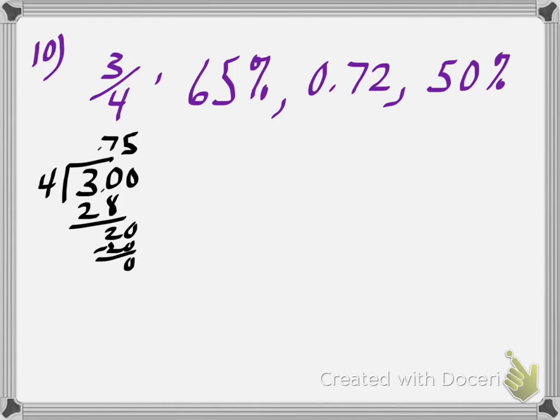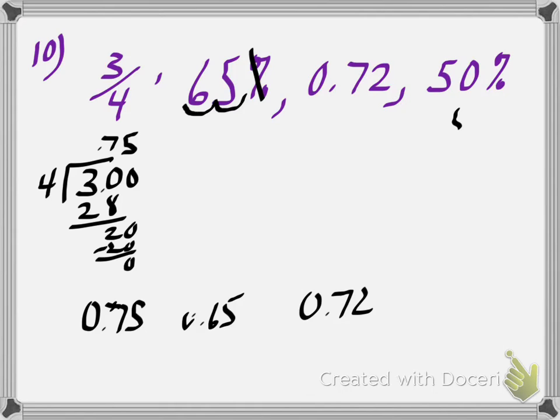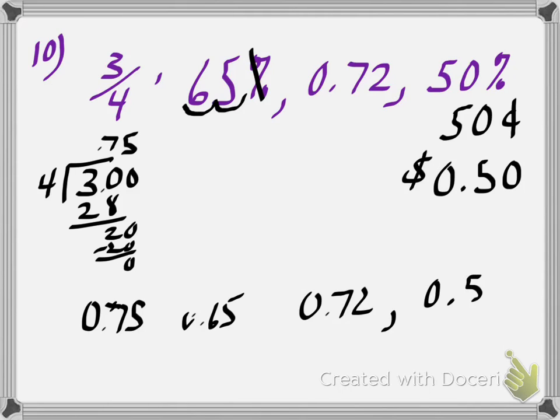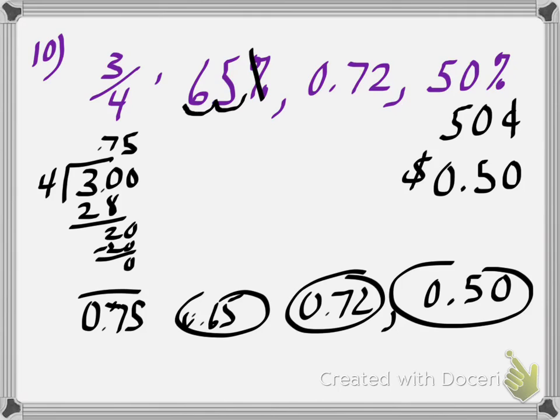So this is going to be 0.75, and then we can cross out the percent sign, divide by 100, and we get 0.65, then 0.72, and once again, think of money, 50% would be like 50 cents. So 50 cents is a decimal. Dollars are like decimals.